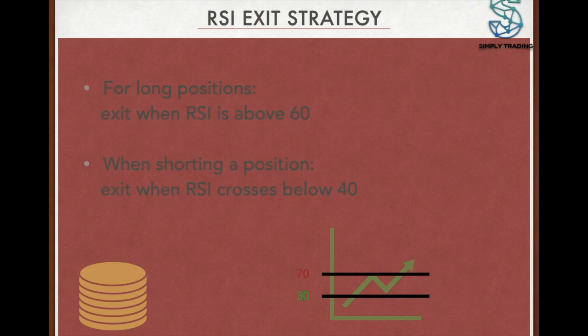You can go ahead and lock in profits at 60 if it begins to reject along the 70 RSI. Now, you can also use this when shorting a position. When you're shorting a position, you'll want to enter at the RSI about 70 when you see it start to reject, and then you want to exit when RSI crosses about below 40 so that you have that insurance that it doesn't begin to reject before it reaches that 30 RSI.